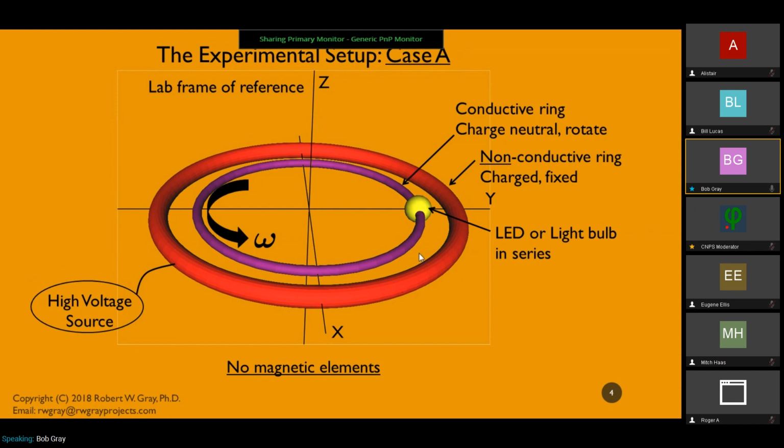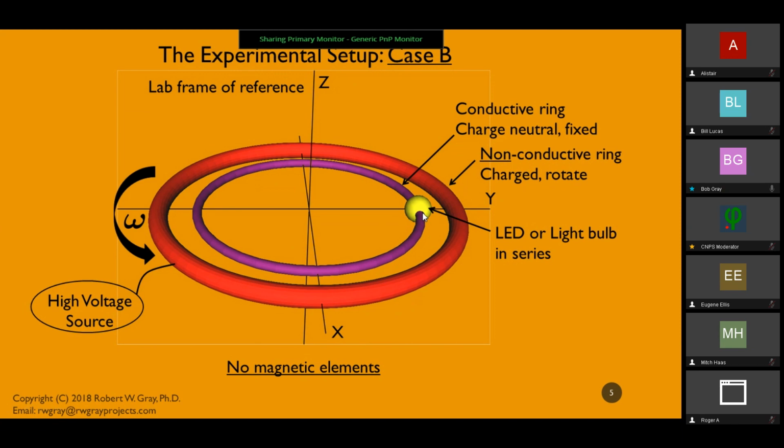There's no magnetic components here at all. And so in case A, spin up this inner ring. See if that light bulb or LED lights up. Case 2, hold this inner ring fixed with the LED fixed, but rotate the outer charged non-conductor.